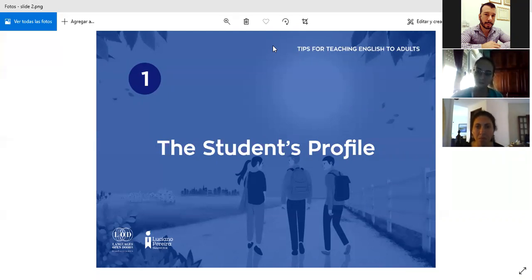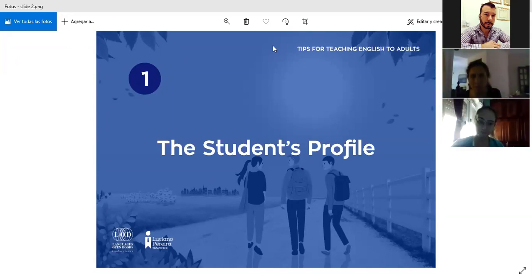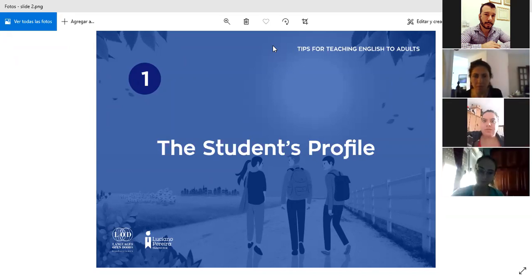And depending on the group of students we are working with, we will have different ways of approaching teaching. When we are working with adults, we have to take into account several aspects or characteristics of the adult student. Okay, so now we're going to deal with the student's profile. As you know, for those who didn't have the opportunity yet to work with adults, teaching English to children is very different from teaching English to adults.